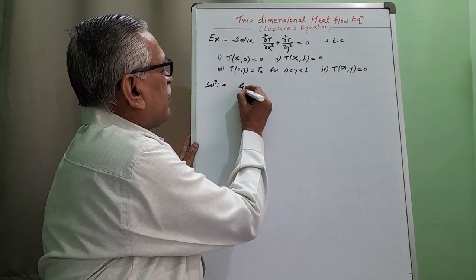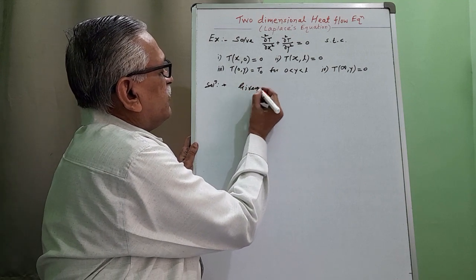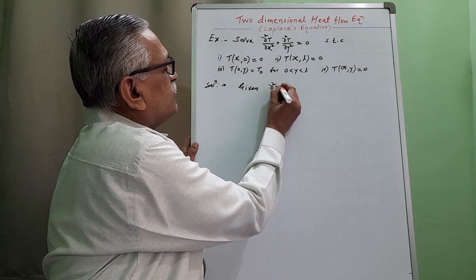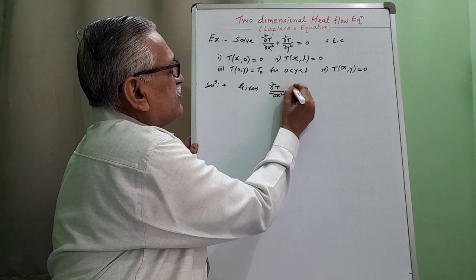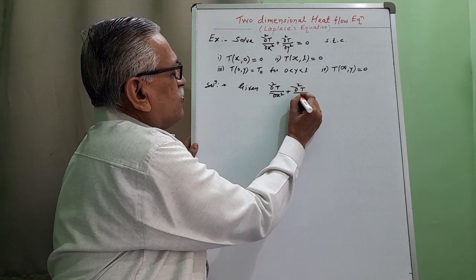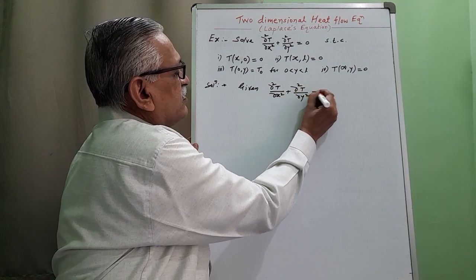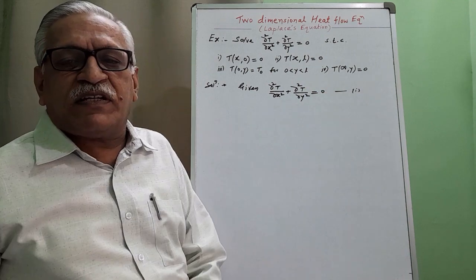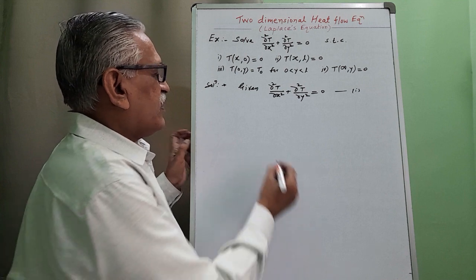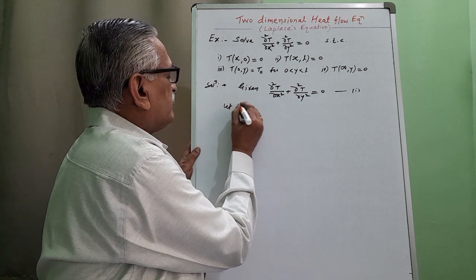Therefore, applying that technique, the given differential equation is ∂²T/∂x² + ∂²T/∂y² = 0, as equation number 1, which represents the Laplace equation.